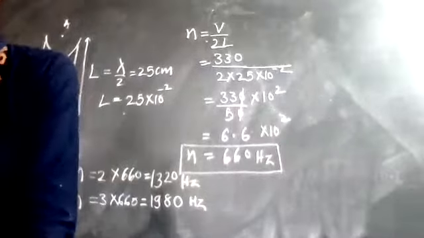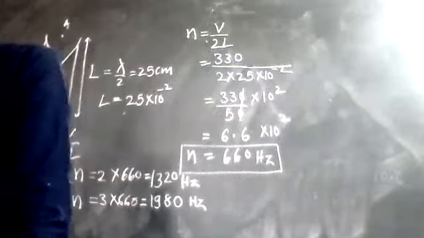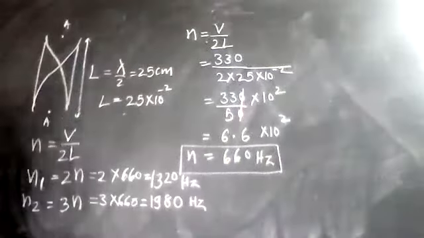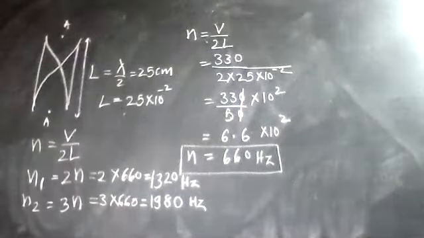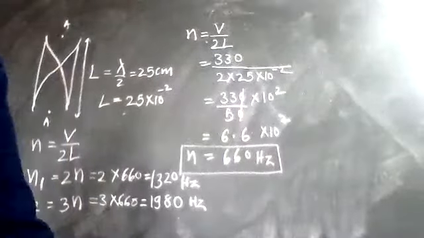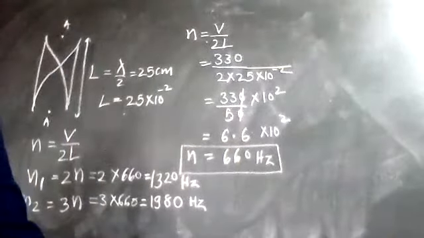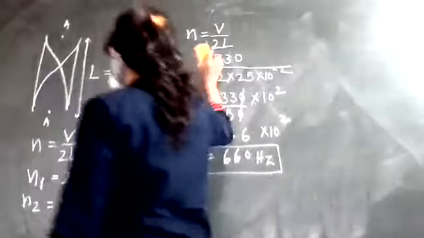So that is your problem number 17. Next, we can find out your problem number 18. In problem number 18, we can consider a pipe open at both the ends which has a fundamental frequency of 600 hertz.